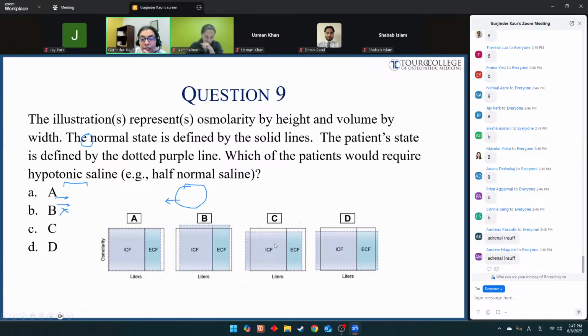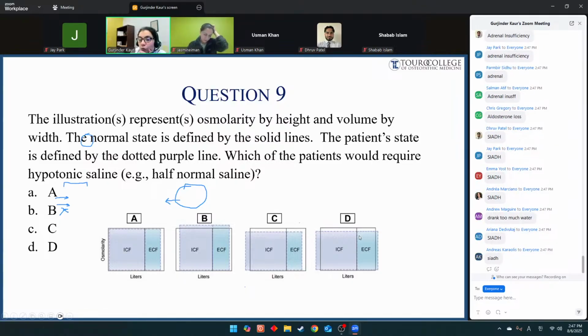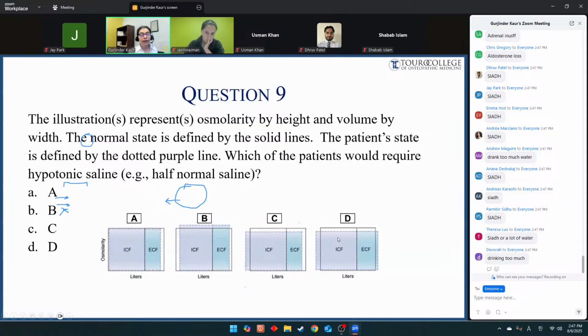Clinical scenario C is adrenal insufficiency. Very nice. And what is D? D is SIADH, or someone who drank plain water, right? They drank too much plain water. All right, great. I think we are doing pretty good on these.